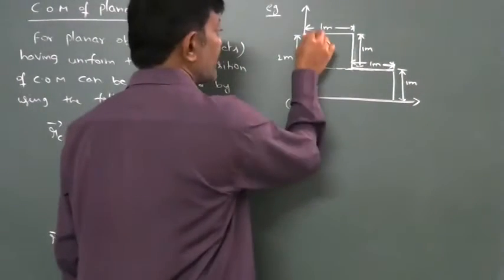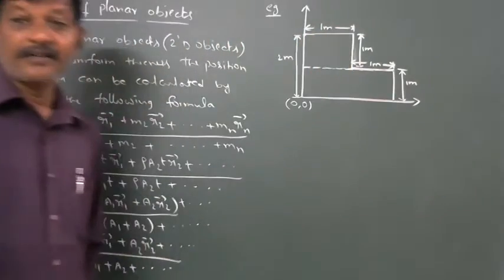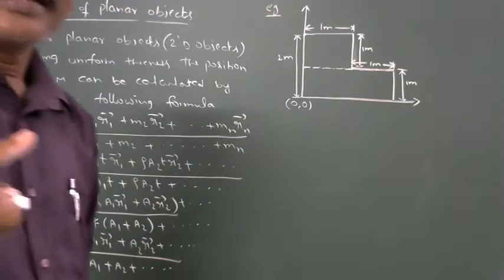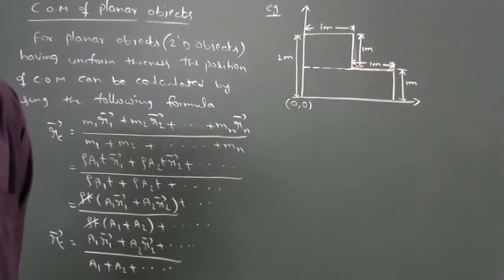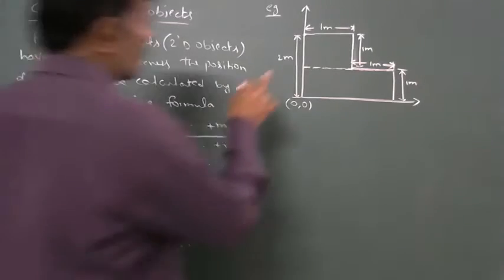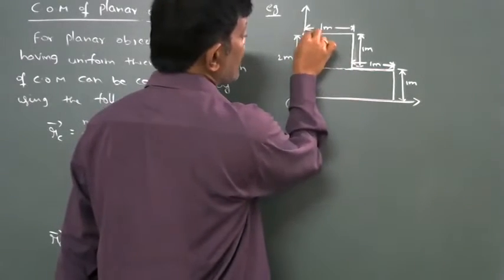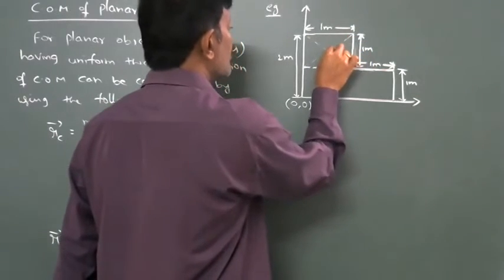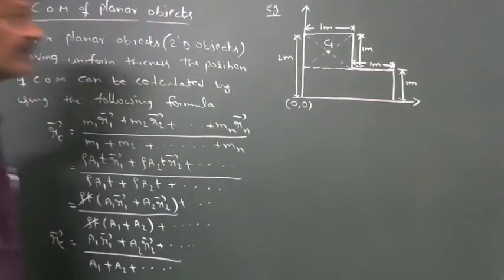So after dividing the given planar sheet into regular shaped objects, the next step is to locate their individual centers of mass. Where is the center of mass of this square sheet? At its geometric center. So this is its geometric center, so its center of mass C1 is there.